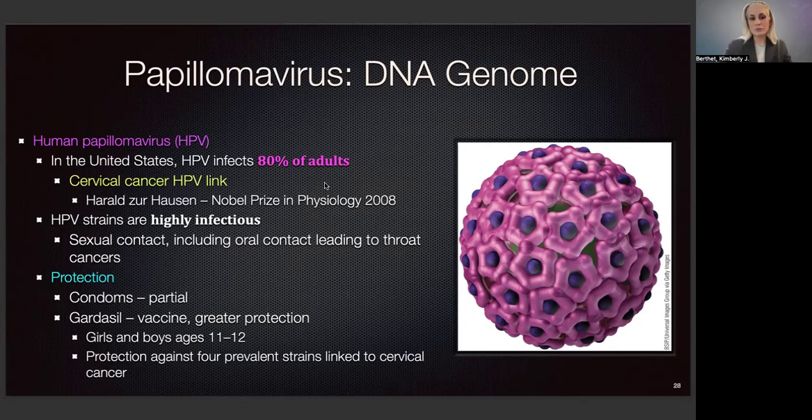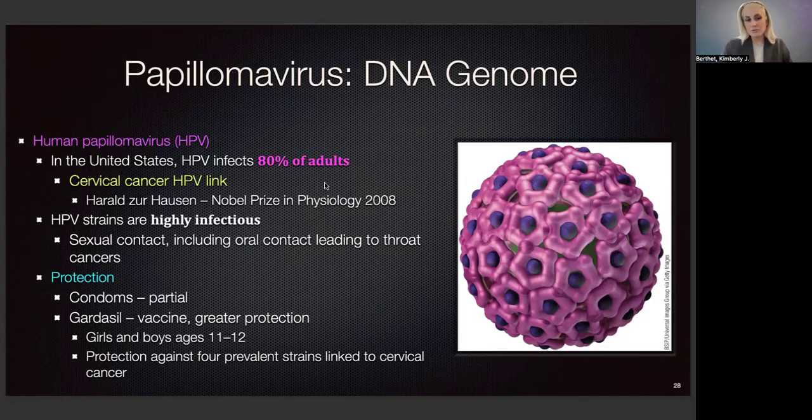It's transferred through sexual contact. Genitally, also orally. You can get an HPV infection within your throat, which can lead to throat cancer as well. The best way to protect yourself from HPV infections is protection. That would be condoms.